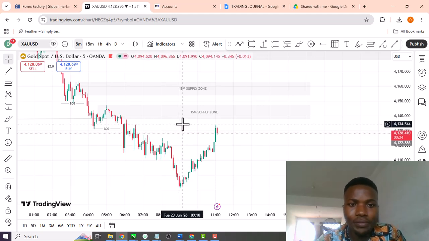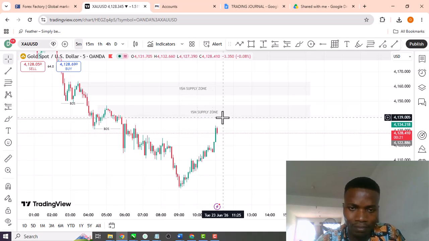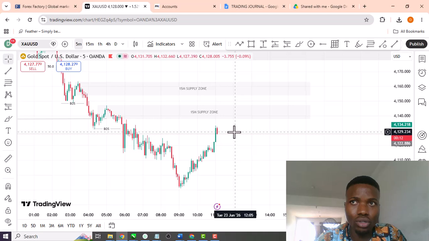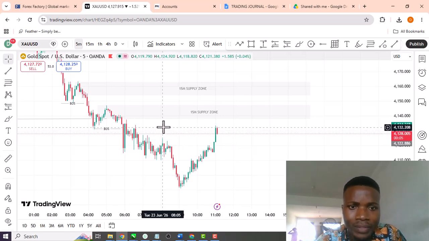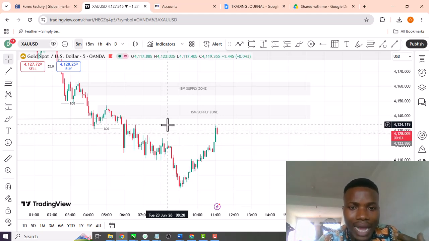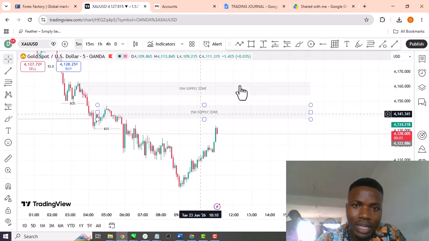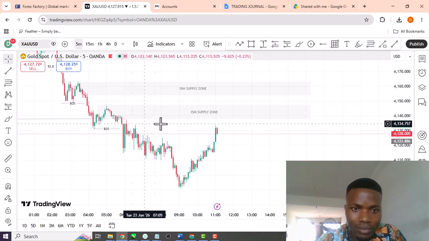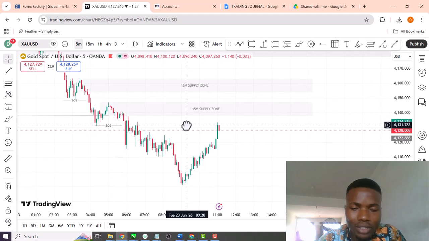So right now, before I actually place a trade, I want to see a candle that is going to confirm to me that I can take a sell trade. And I'm also going to expect a liquidity sweep. All right, I'm going to expect a liquidity sweep. And currently, if I want to identify my liquidity sweep, okay, that means that I want to look out for my double eyes in the case of selling right now, because I'm looking to sell.